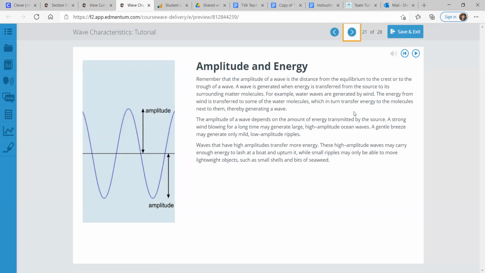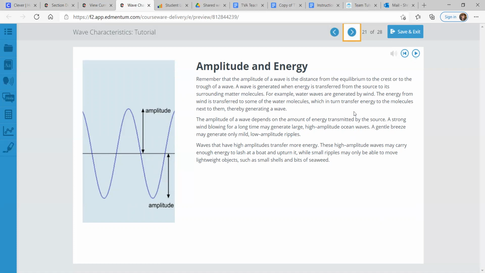The amplitude of a wave depends on the amount of energy transmitted by the source. So a strong wind blowing for a long time may generate large, very high amplitude ocean waves, but a more gentle breeze may only make mild or very low ripples in the water.